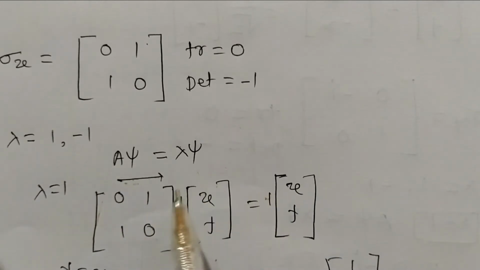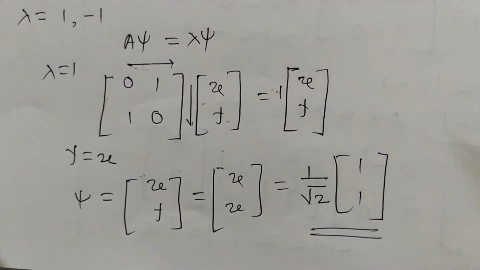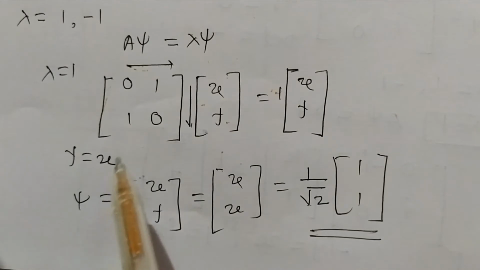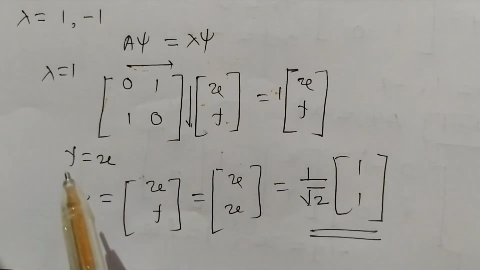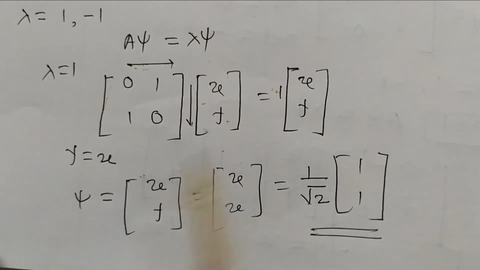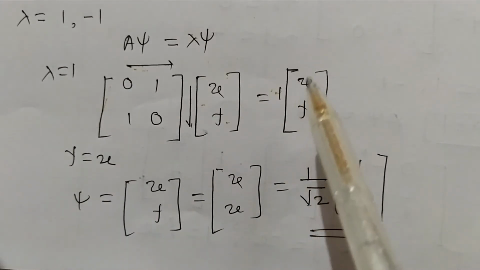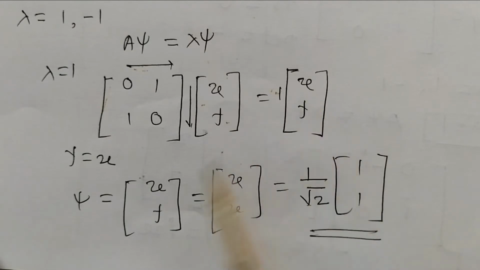So instead of y we can put x. Here psi is equal to (x, y), so instead of y we put x, and psi is equal to (x, x).